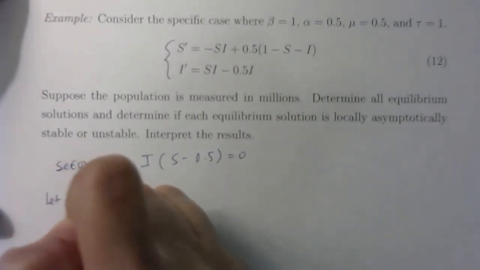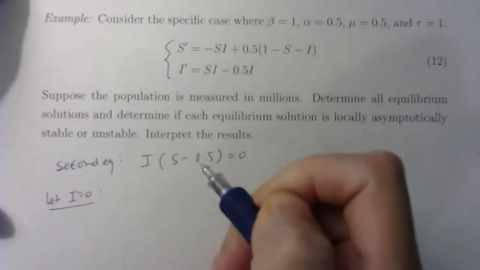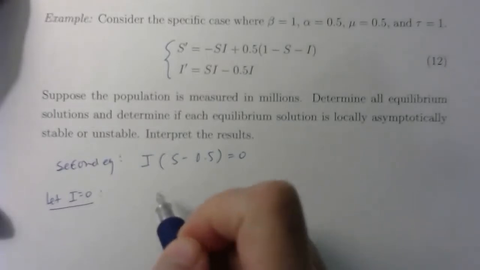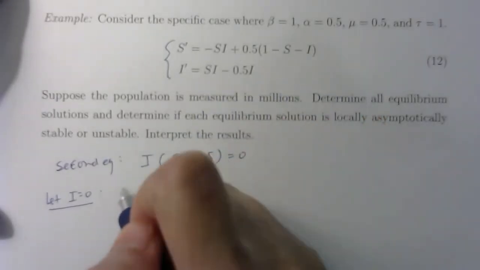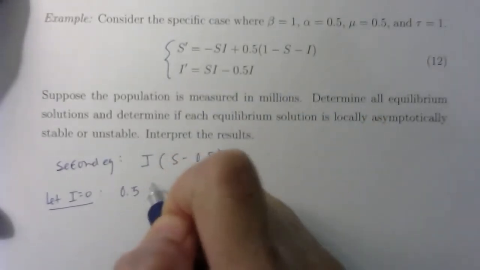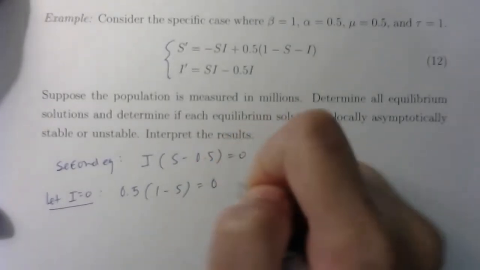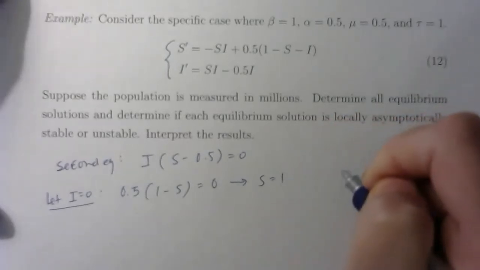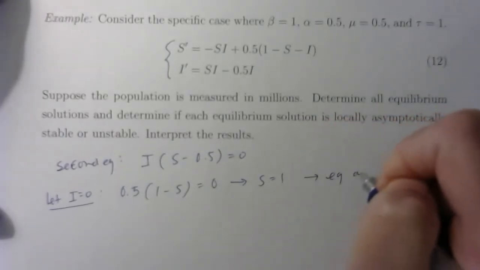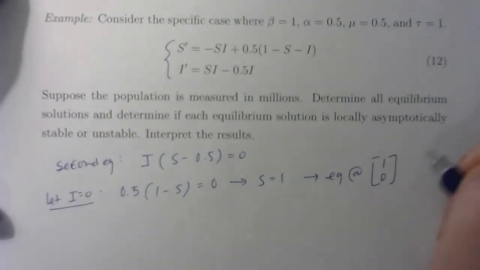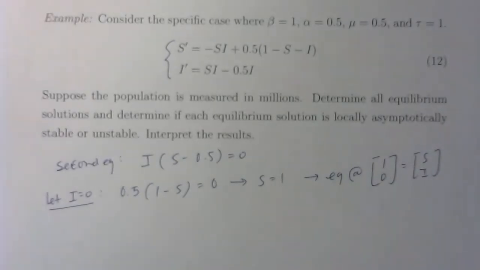So if I let I is equal to 0, the first equation up here becomes 0.5 times 1 minus s is equal to 0, which implies s is equal to 1. So I have an equilibrium at s is equal to 1 and I is equal to 0, which I'll write as (s, I) to put a fine point on it here.